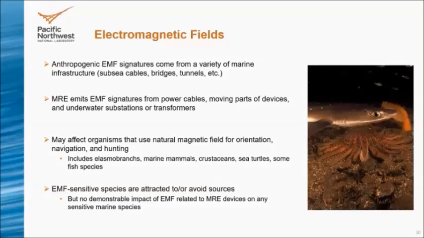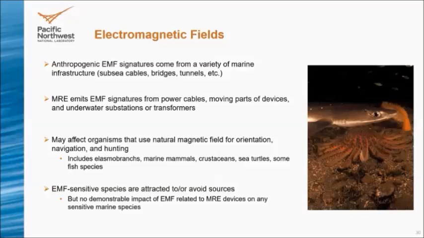There are certain types of elasmobranchs, certain sharks, skates, and rays that do have these receptors, as do a number of crustaceans. Sea turtles and some fish species, we know use the magnetic field to some extent, but what receptors are being used and whether they are likely to be affected by anthropogenic EMF fields is really not known.